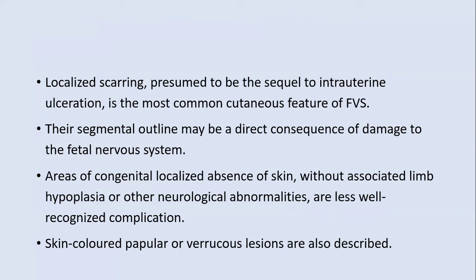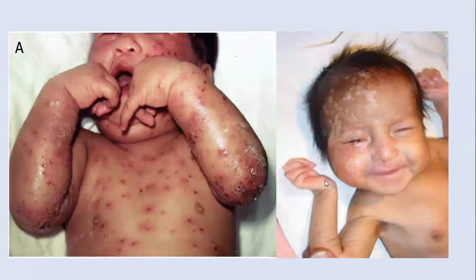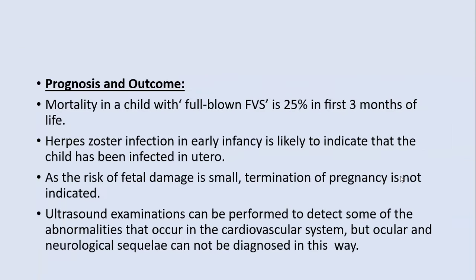Areas of congenital localized absence of skin without associated limb hypoplasia or other neurological abnormalities are a less recognized complication. Then skin-colored papular or verrucous lesions are also seen. This is a typical fetal varicella zoster virus infection. And the picture on the right side shows scarring in a dermatomal pattern.